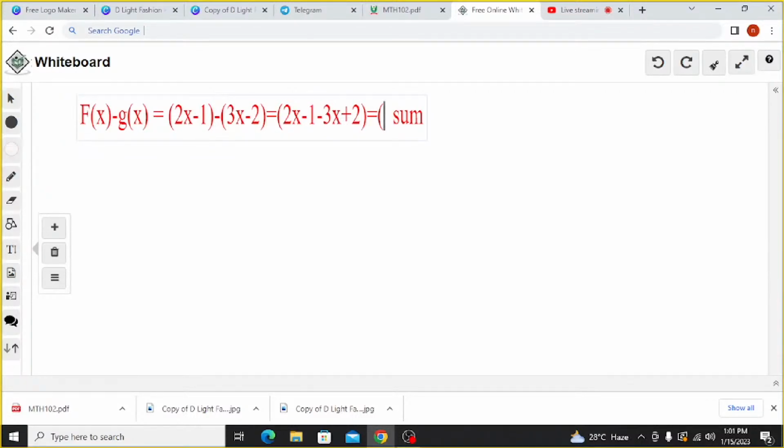Our like terms now equal 2x minus 3x, minus 1 plus 2.